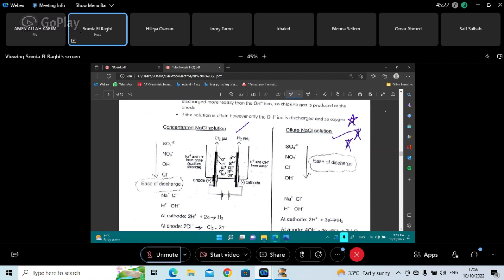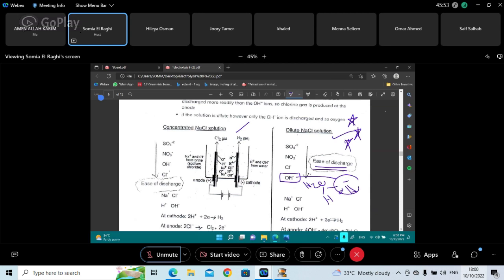Once you see this sign, it is the question in your final exam. In case of dilute, OH is the winner, easy to discharge. What is the meaning of discharge? It loses its charge. Dilute means I have too much water, so we get OH from the water. If you break the water, it is H and OH. So this part is from the water.